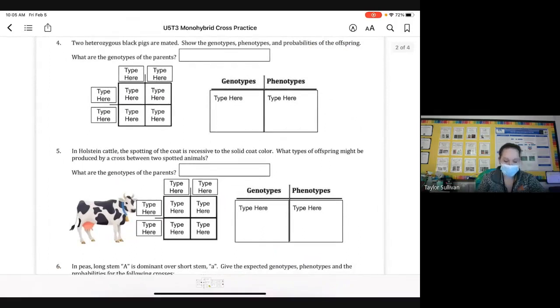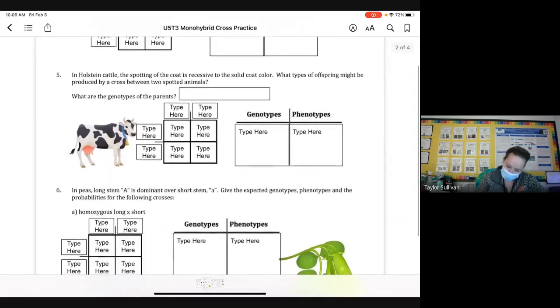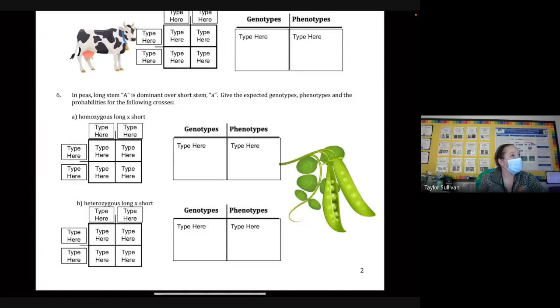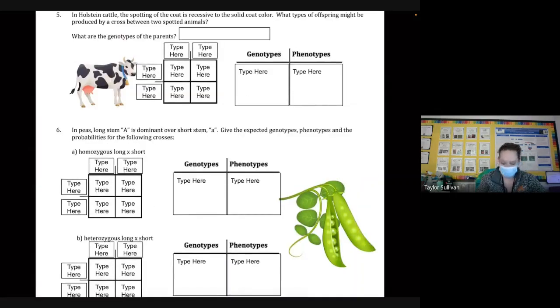We're going to do pigs. We're going to look at cows. And we're going to look at peas. And they all are going to follow the same thing. They tell you which one is dominant and which one is recessive. We're going to fill in what the parents are, find out what their babies can be, write what the babies' genotypes are, and then what they would look like in the phenotype box.